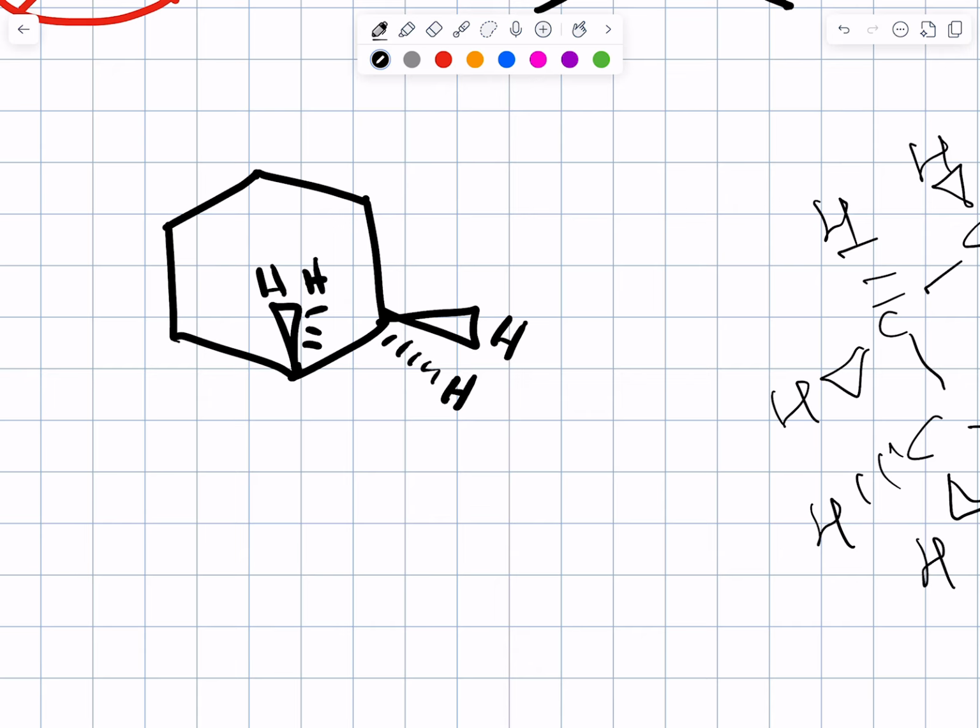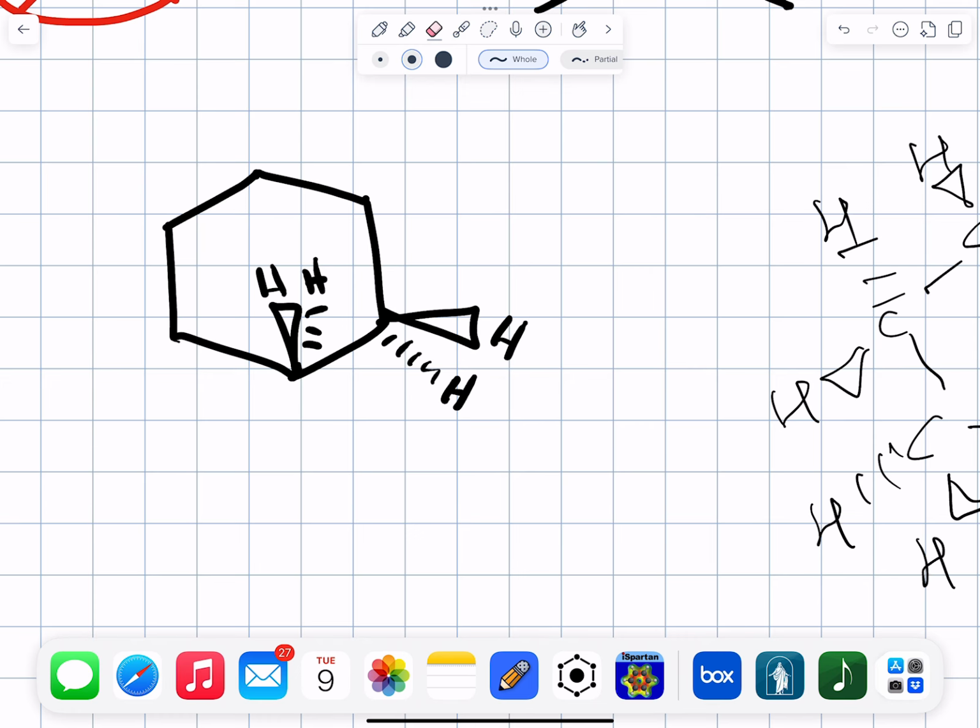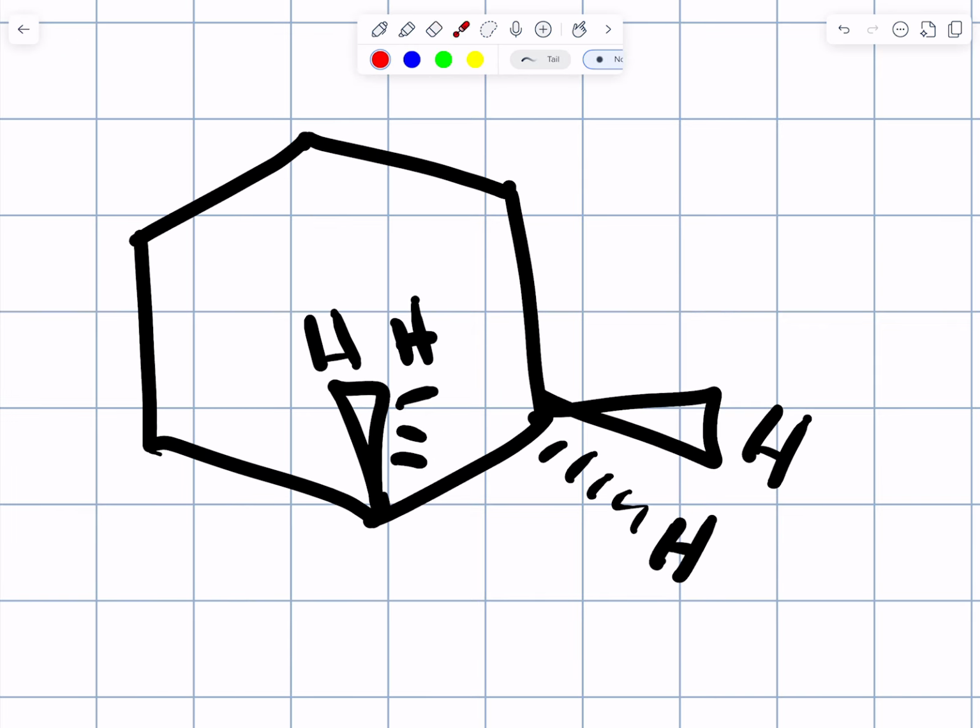If you draw them like that, we can pretty well tell what you're talking about, but it actually doesn't show you the real shape of the molecule. Is that just convention, or is it actually changing? Well, if you were to draw it this way, the bond angle that you've just made is not 109 degrees.